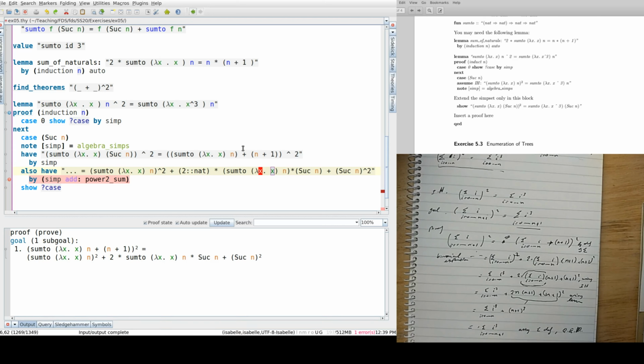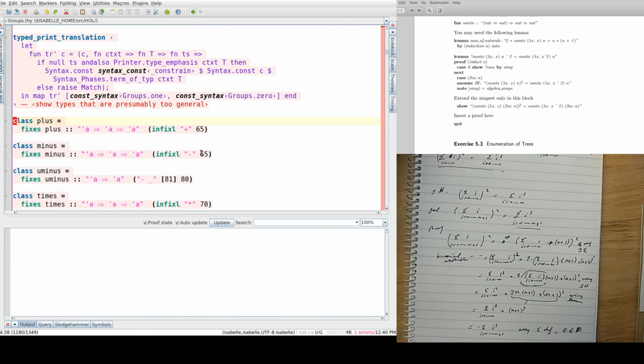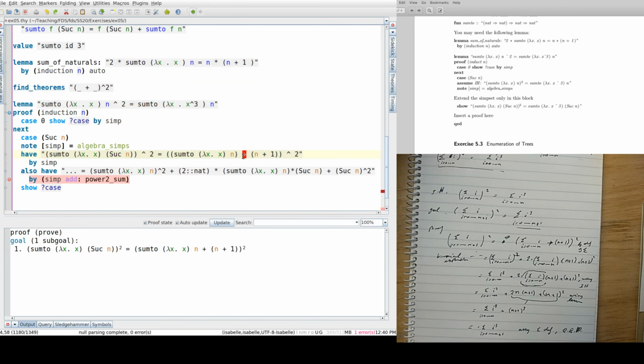So if you have a Suc n there, you might have an undesired rewrite. What happened here precisely is that it rewrote the definition of plus, which is addition, and addition is defined recursively on Suc n. So before it rewrote with power to sum, it rewrote with the definition of addition, because the second argument was a Suc.